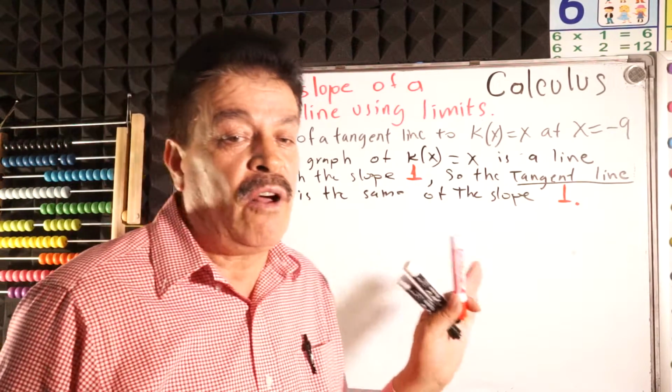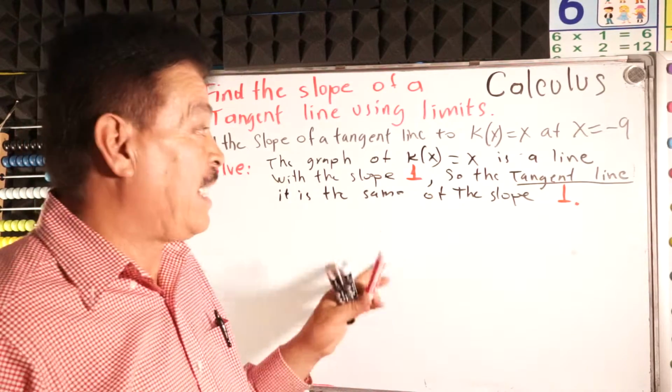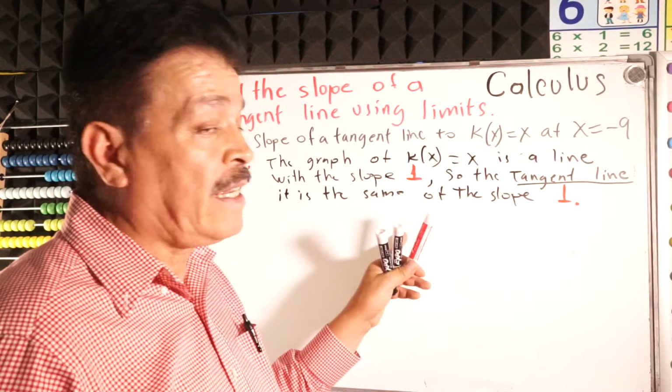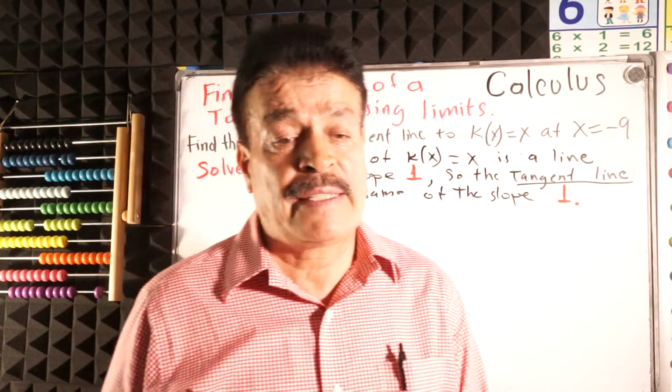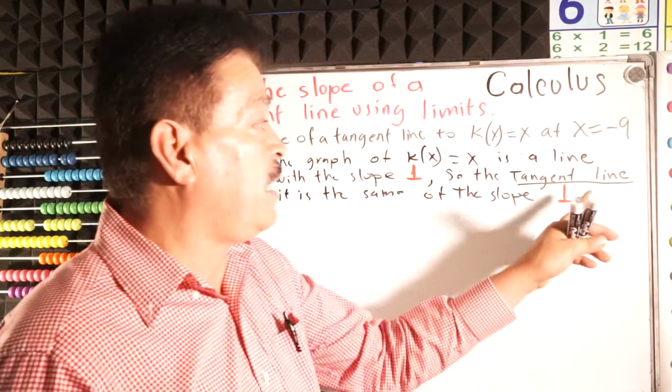So you can also find the slope of the tangent line using the limit definition. What is the limit definition?